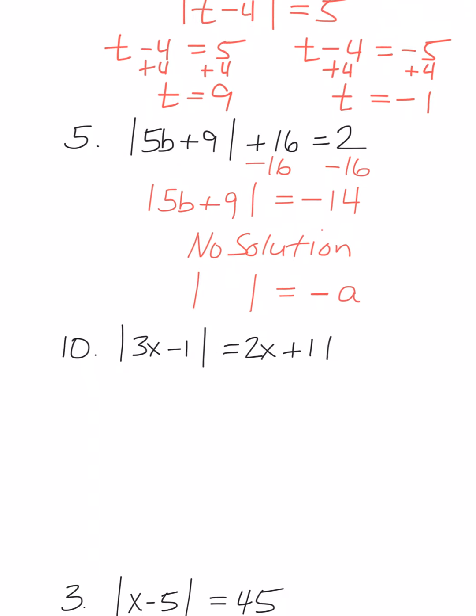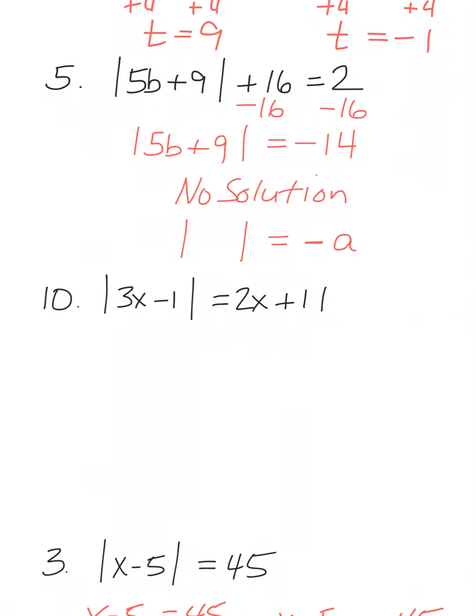Number 10, we've got an example where we have a couple different occurrences of the variable. The absolute value is by itself, so I'm going to rewrite this. So I have 3x minus 1 is equal to 2x plus 11. And then I'm going to have 3x minus 1 equals the opposite of that, which is negative 2x minus 11. I'm going to solve both sides.